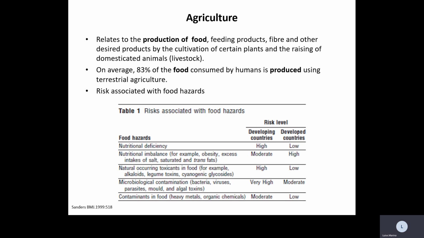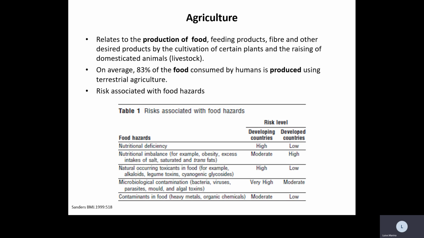Nutritional imbalances, for example, obesity, excess intakes of salt, saturated and trans fatty acids, is moderate to low in developing countries, although that's probably changing, particularly with regards to obesity and the double burden of malnutrition, and high in developed countries.